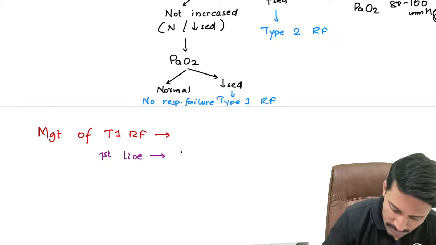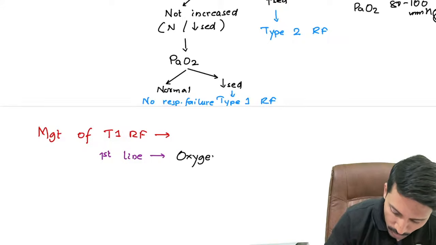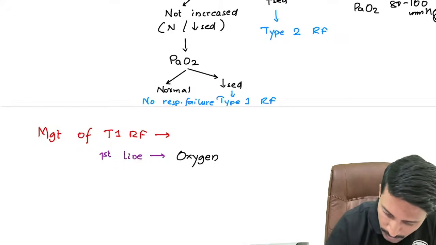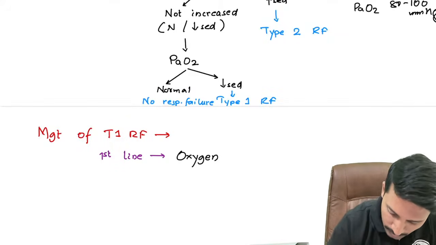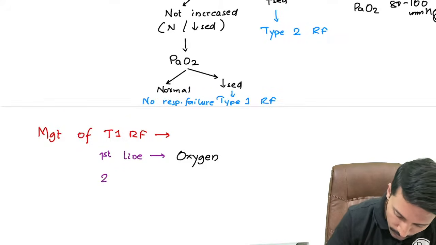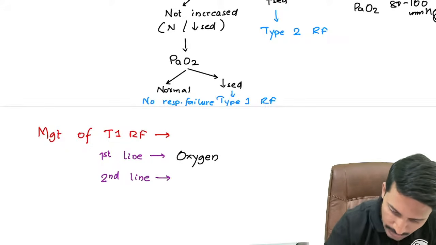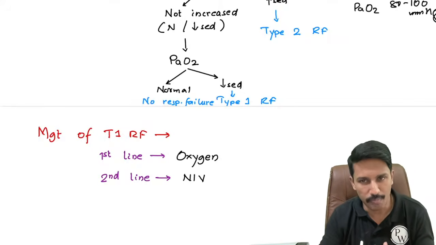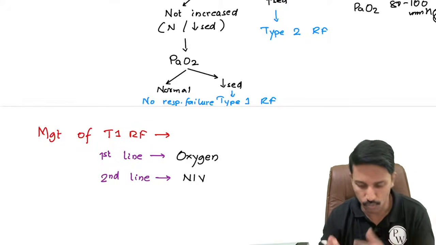I should be giving, first line management will be to administer oxygen through face mask or the nasal devices. Now, if that doesn't work, as a second line, I can think of NIV. What is NIV? Non-invasive ventilation, like the BiPAP, CPAP, those can be used.